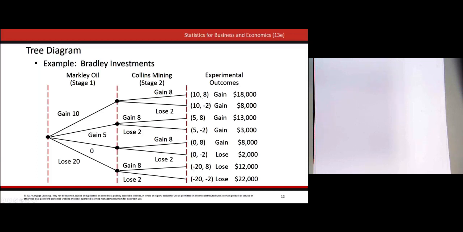If this happens, you gain 10,000 from Mark Lloyd and lose 2,000 from Collins Mining, then in total you are still gaining $8,000. Even though you are losing 2 from Collins, total gain from this investment will be $8,000.